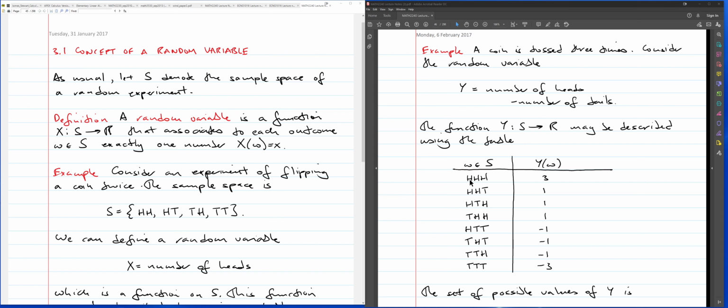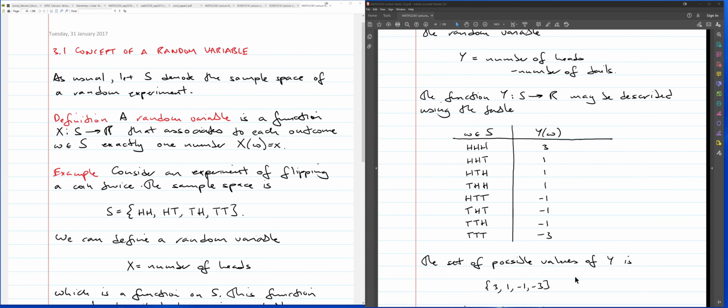For example, when I have the outcome 3 heads, the value of Y would be number of heads minus number of tails. Here I have 3 heads and 0 tails, so I get 3 minus 0, which is 3. So for each outcome, you get a certain value.